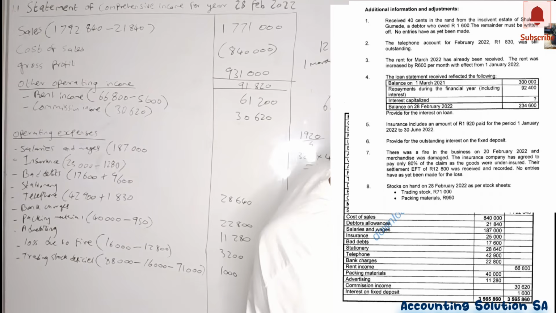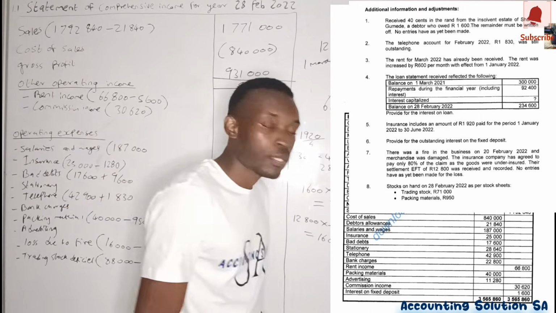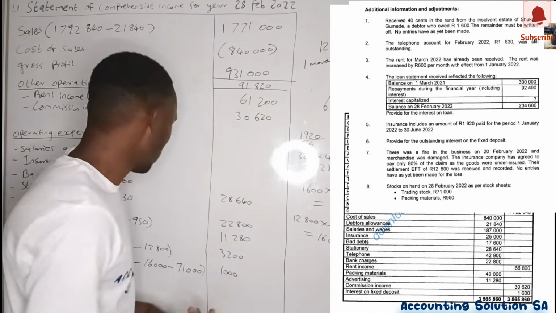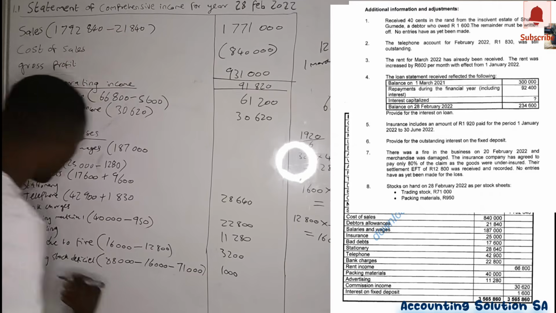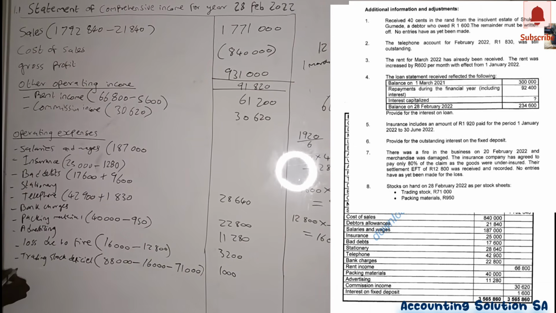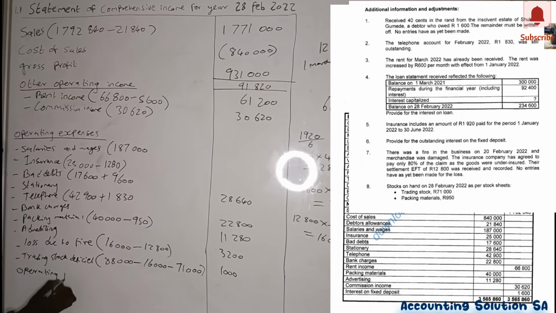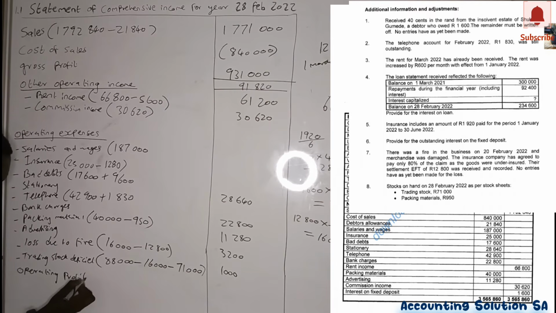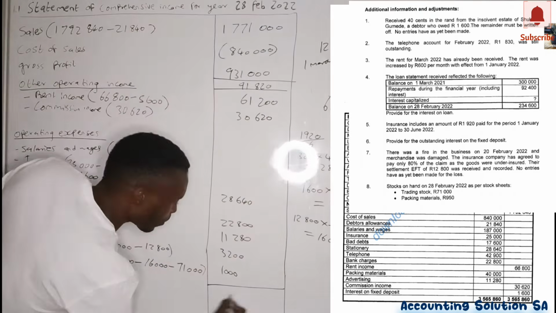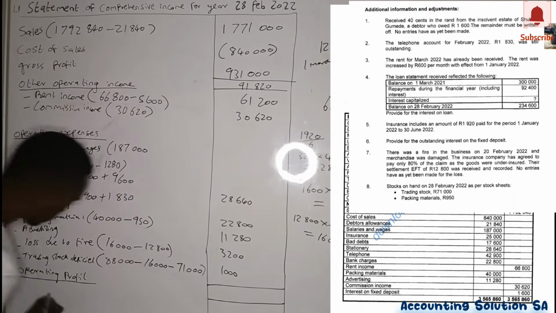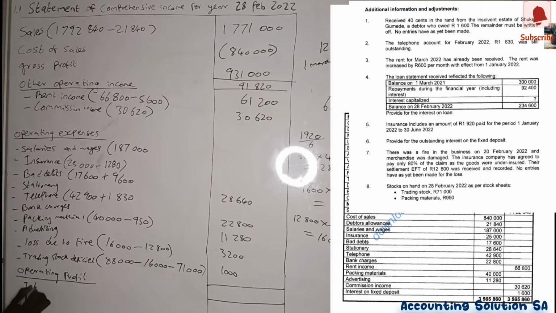The transactions that we have are interest on loan as well as outstanding interest for fixed deposit. After that, guys, you are going to get operating profit. Then after operating profit, that's where now you can calculate interest income.